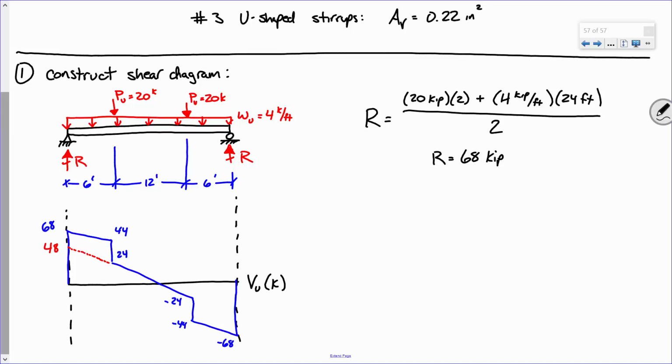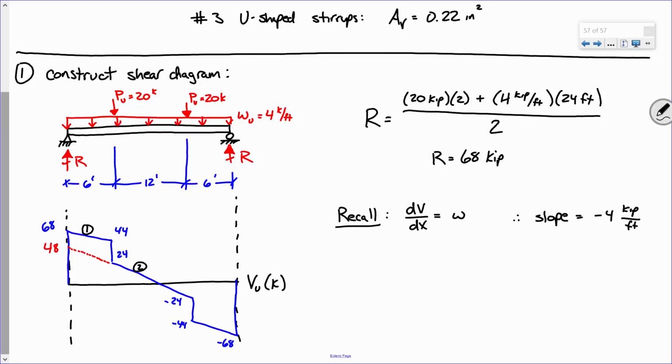So what I'm going to do is this. I'm going to call this region 1 and call this region 2. And I'm going to say, recall that the slope of the shear diagram is the loads, so therefore slope is -4 kips per foot.